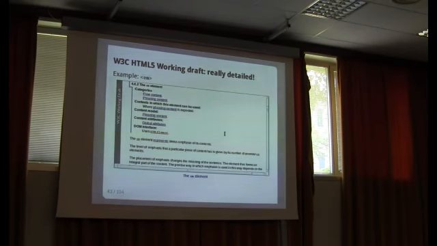Okay, another interesting example. In this case, we see the initial part of the description of the em element. At the moment, we don't know what the em element is. We can understand what the em element is by looking at this part of the specification.